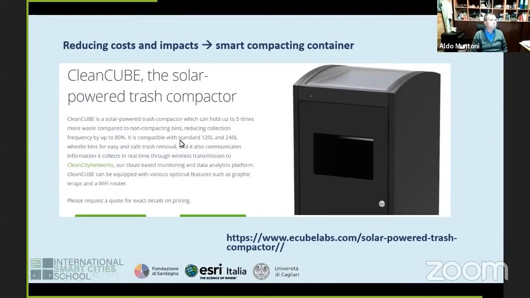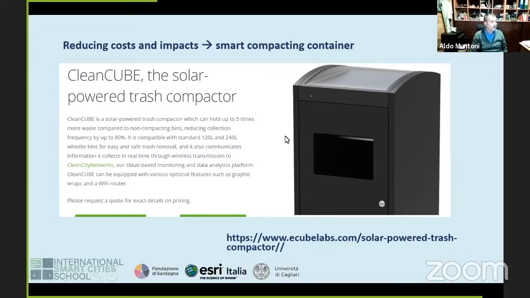And we produce and we study, you can still find available on the market some kind of smart containers. And this, for instance, is a type of container that you can find in some city in Asia, Singapore, for instance.